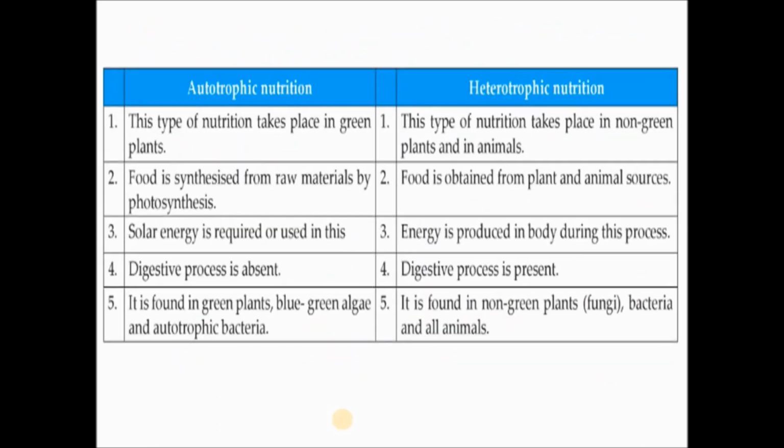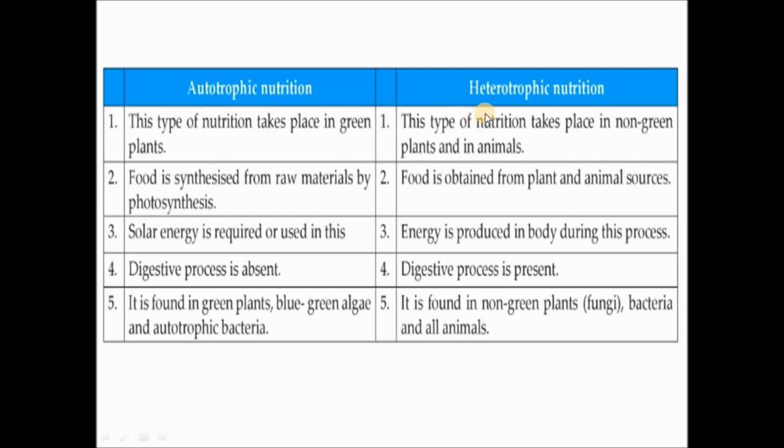So let us compare both modes of nutrition, autotrophic nutrition and heterotrophic nutrition. Autotrophic nutrition takes place basically in green plants. Algae is also an example of a plant because they are microscopic plants.